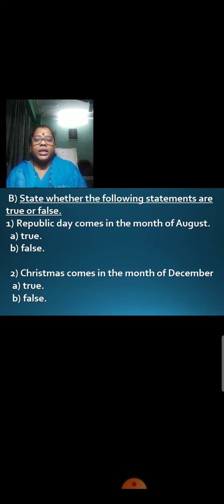The first one is Republic Day comes in the month of August. True, false. In which month does Republic Day come, children? We have learned in months of the year.